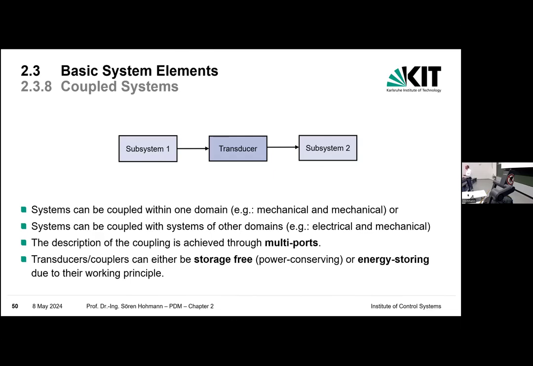And second, is there a fundamental procedure for how to glue these elements together? How do we do that? Is there also a principle behind it? What you learned in electrical network engineering in the very first semester, is this appropriate also for other domains? Good news, yes. Bad news, for bond graphs, you have to learn it a little bit.